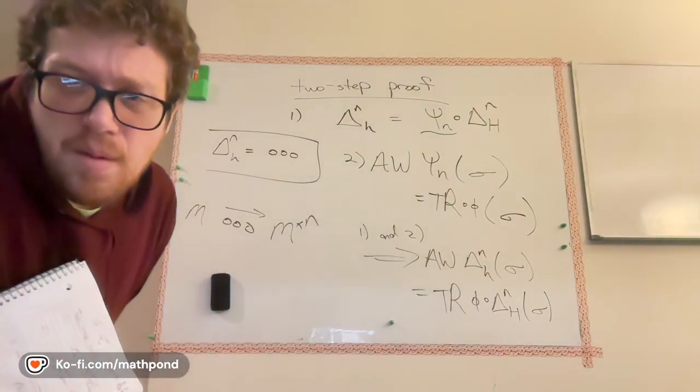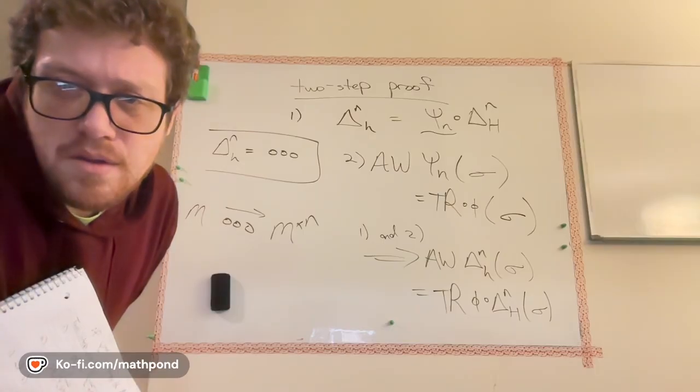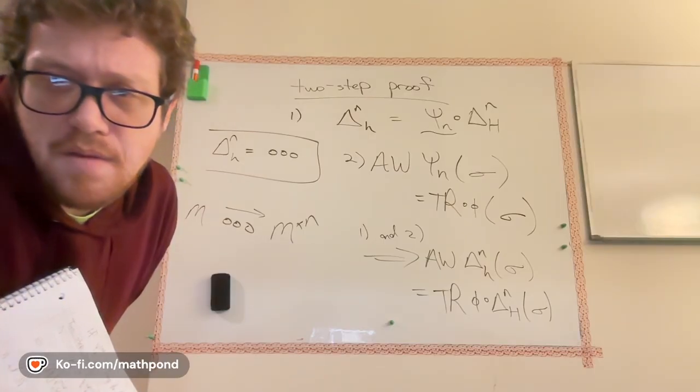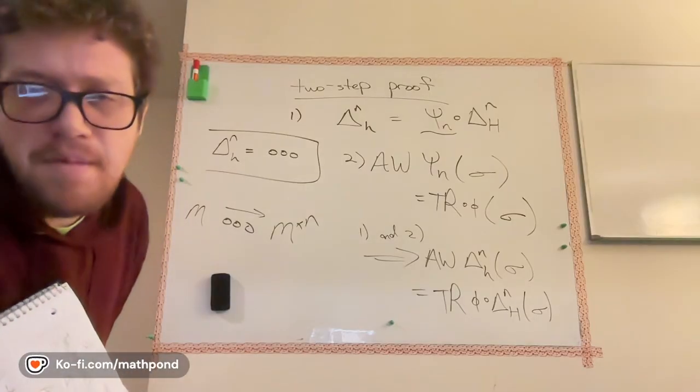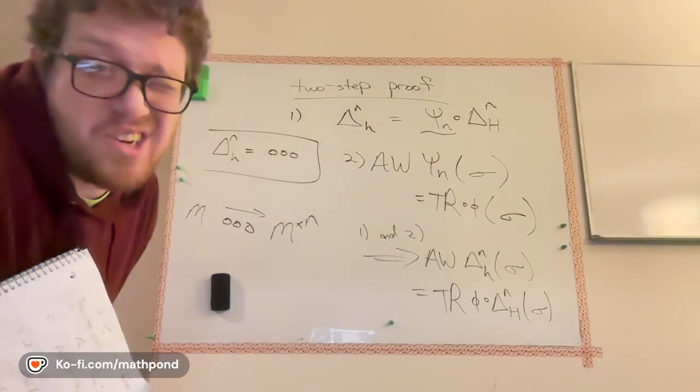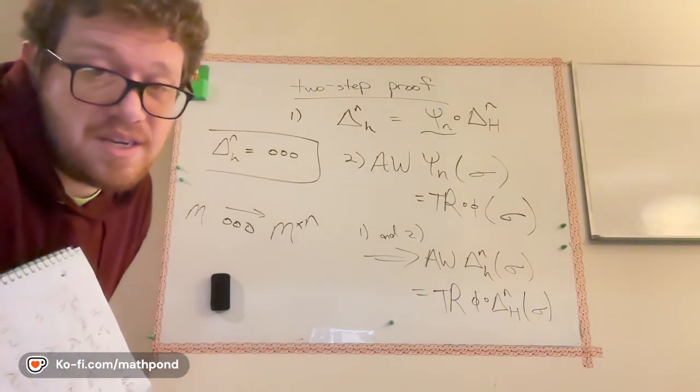M is any R module. I think it's only important in the sense that it's the place where the sigmas live. Sorry, M is not an R module itself. C star of M is an R module. It's actually a DG R module.